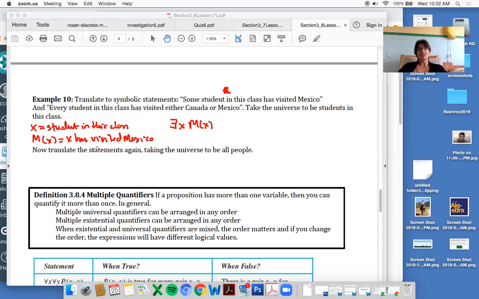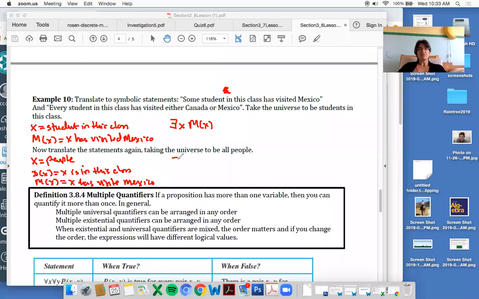If I change the universe to be all people, so X is just people, then again D is that X is in this class, and M is that X has visited Mexico.